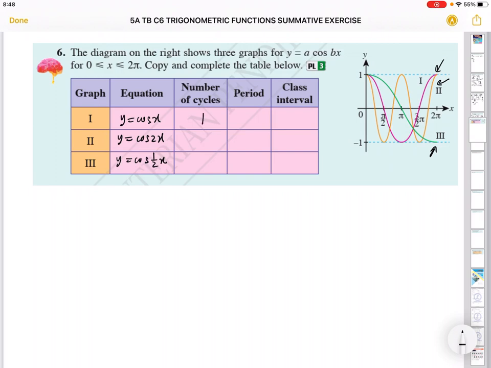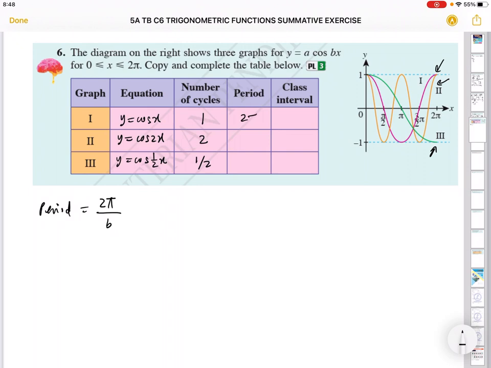Okay, how about the period? The period, as we know, for cos is given by 2 pi divided by b. Now for the first one, b is 1, so 2 pi divided by 1 is just 2 pi. Second one, 2 pi divided by 2, which is just pi.